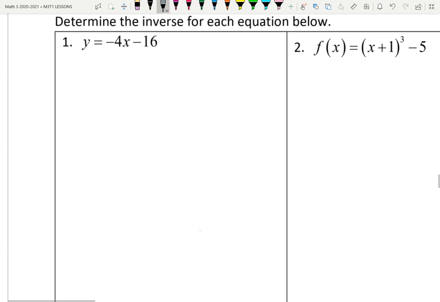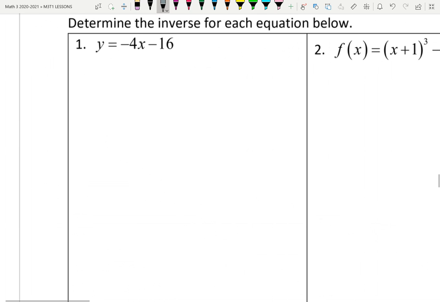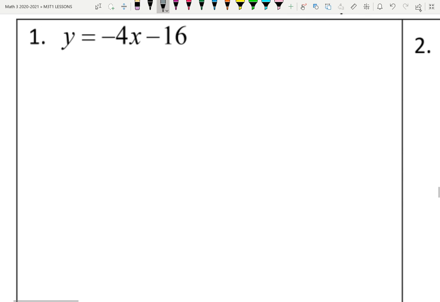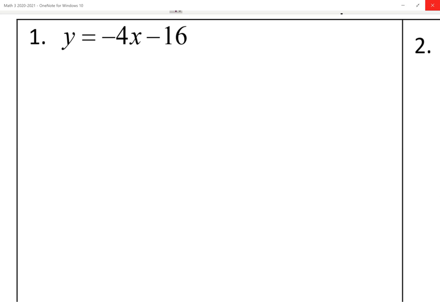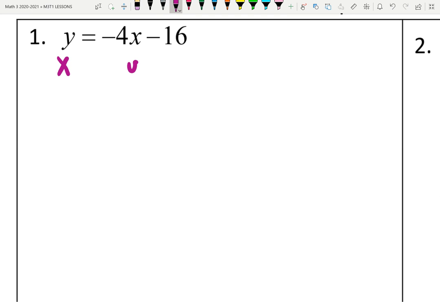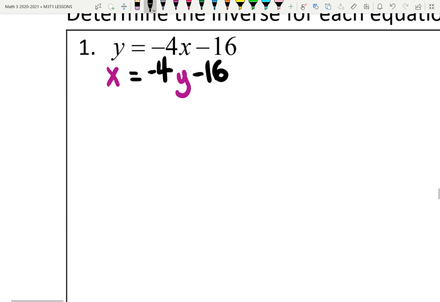Number 1. Before I do any thinking, I'm going to replace my x's with my y's. So I see a y. X, y. The rest stays the same. Step 2, get y by itself. Since I'm using inverse operations, you want to go in the inverse order.